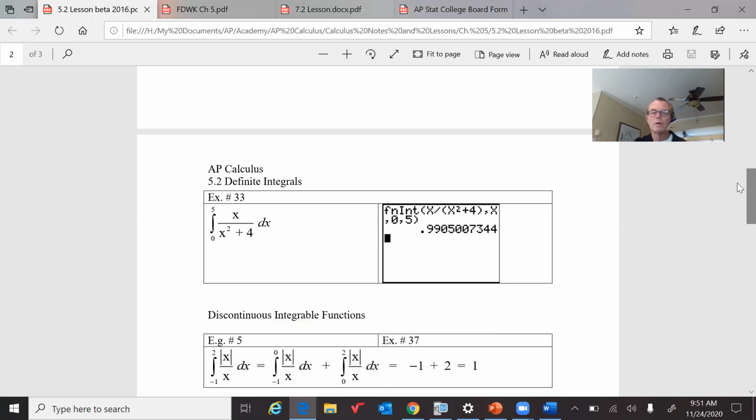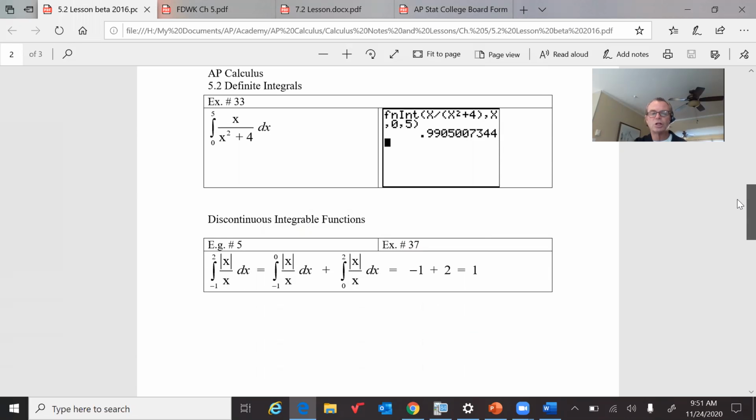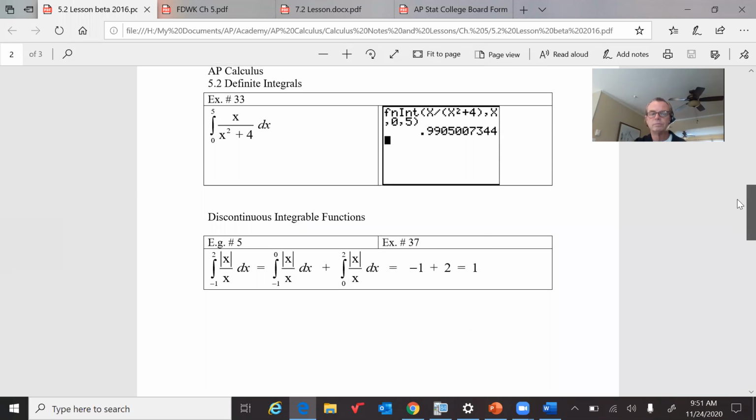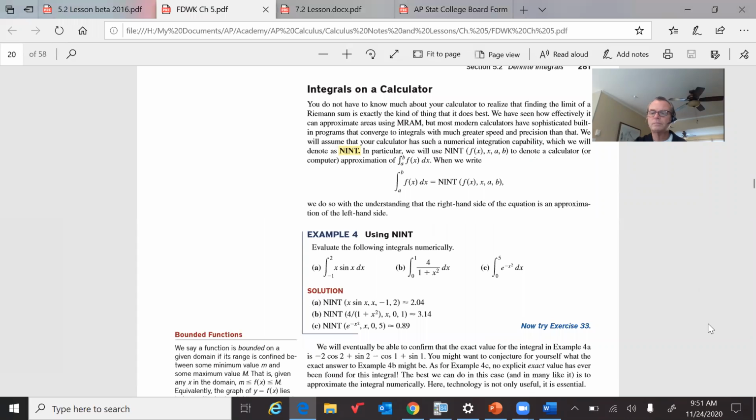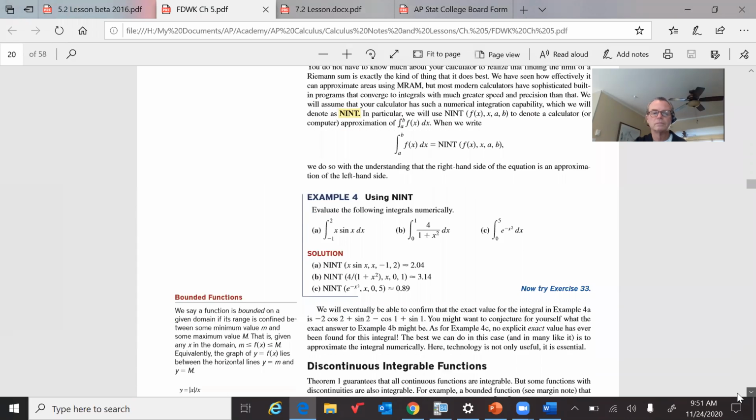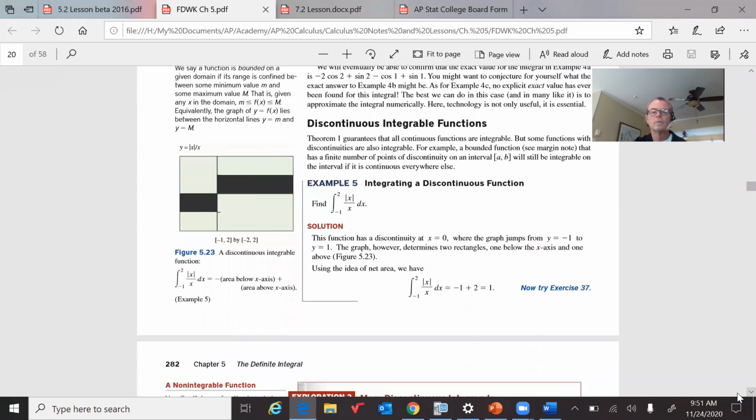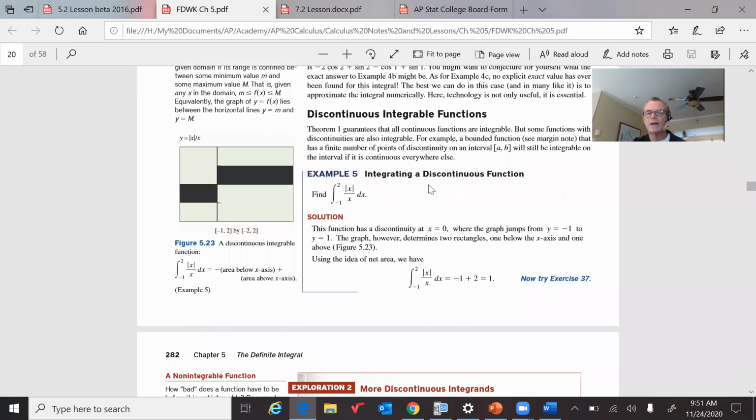So next thing is to go to a non-calculator perspective on this, and that's in example 5. So what if we want to integrate something that's discontinuous? And they're saying, find the area from -1 to 2 of the absolute value of x divided by x.